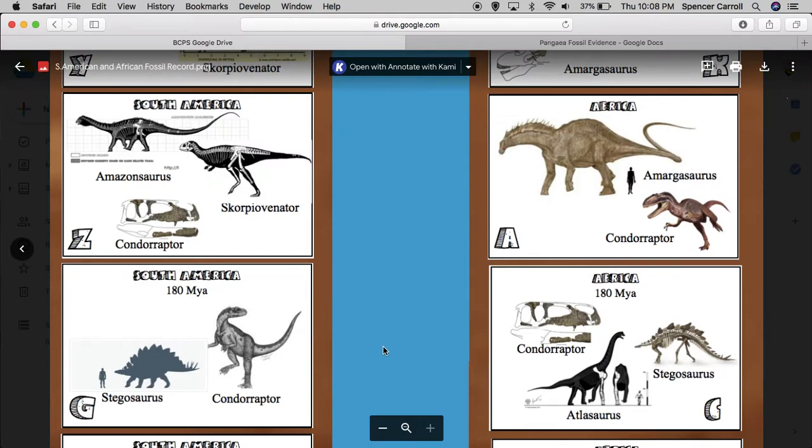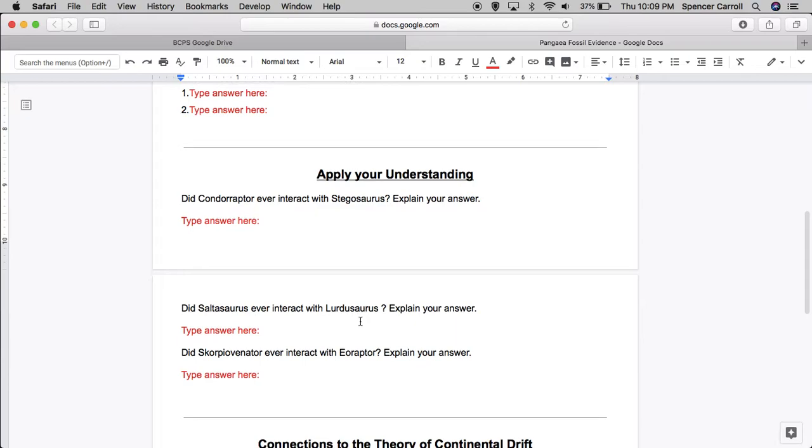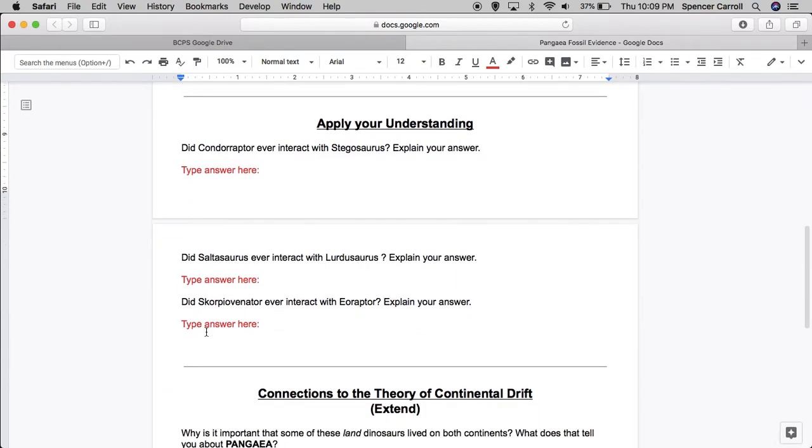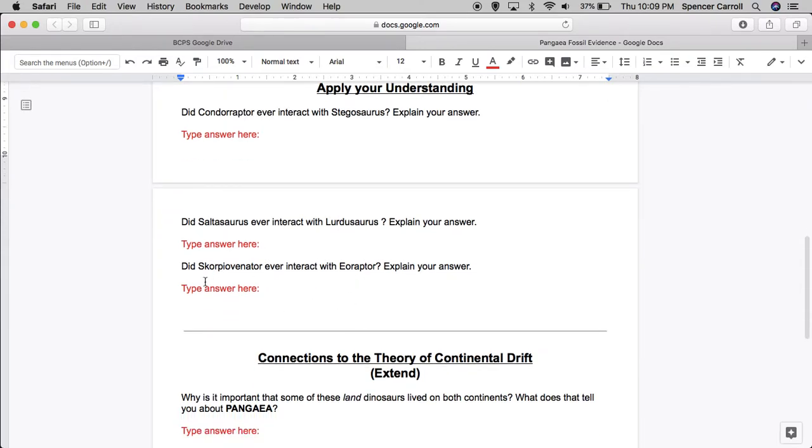And I will also remind you that organisms in the same layer that could interact would have to be connected by land, and they'd have to be during the same time period. Similarly, did the Scorpio venator ever interact with Euraptor? Interesting. You can go through and find those two organisms and see if they look like they might interact.